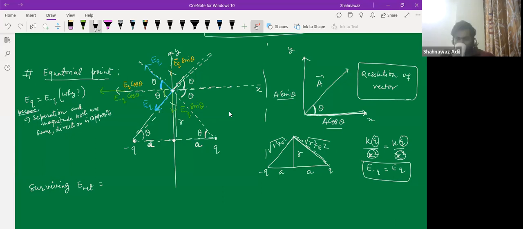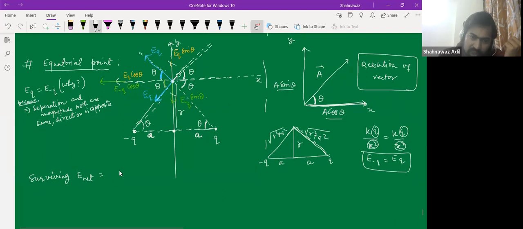What is E net? You see EQ cos theta, both in the same direction. So they will add up. So this would be 2 EQ cos theta because both magnitude is same.